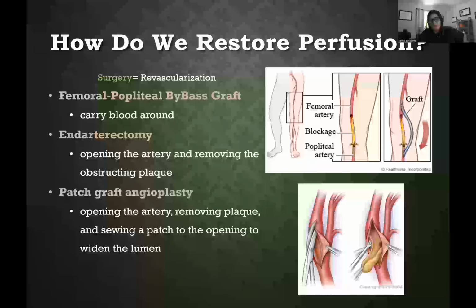Other procedures that can happen include a femoral popliteal bypass graft, where sometimes arteries cannot be accessed or cannot be fixed, so they bypass it with a graft from the part that has blood flow to the other part that has blood flow, bypassing the block. And finally, another procedure is where they open the artery and take out the plaque.